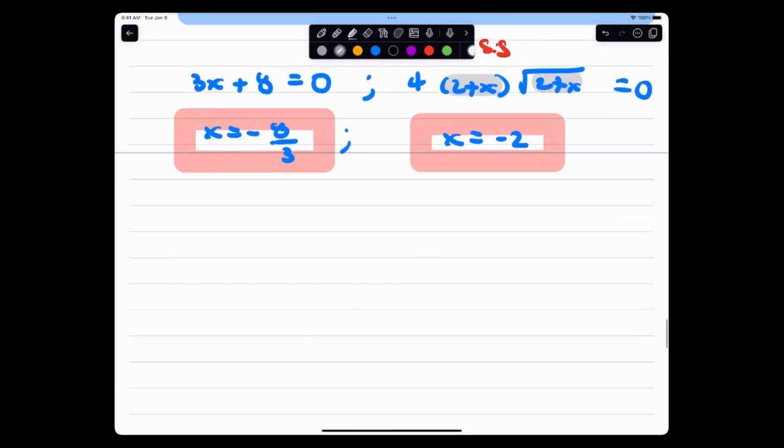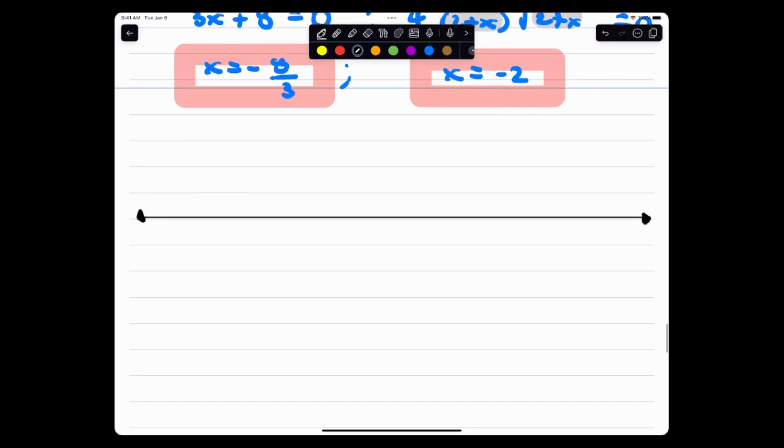Okay. So when I look at this sign analysis, I draw my real number line, and here's where negative 2 would be. Here's where negative 8/3 would be. This is sign analysis on the second derivative. Is that right?